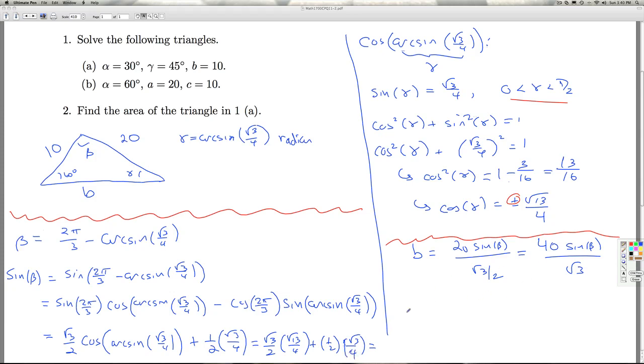Alright, so B equals 40 over radical 3 times radical 3 plus radical 39 all divided by 8. And this simplifies actually pretty nicely because the 8's going to go into that 5 times. I'm going to factor a radical 3 out of this, cancel that out, so I get 5 plus 5 radical 13.